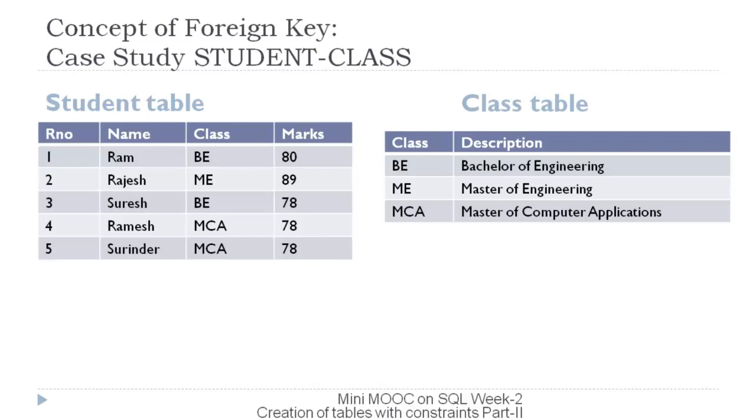And we have inserted all valid classes in this table. Class will act as a primary key of master table class, and class column of student table will act as a foreign key. Only those values are allowed in class column of student table which exist in class field of class table. It means only BE, ME and MCA classes are allowed.